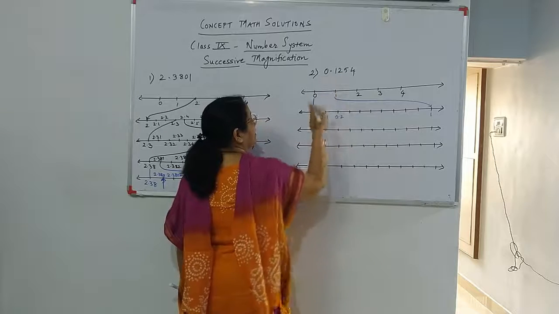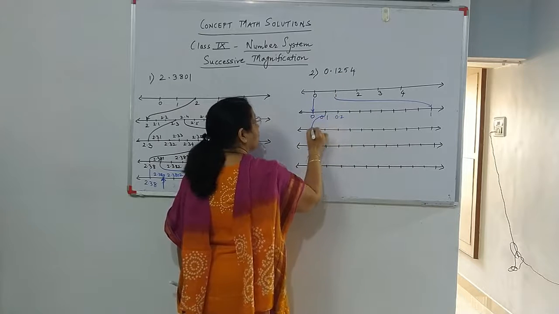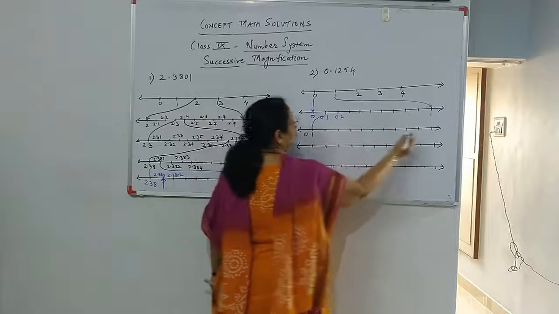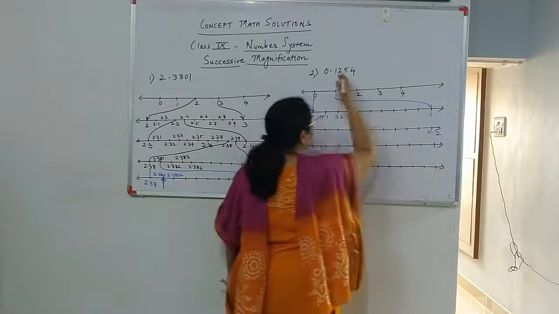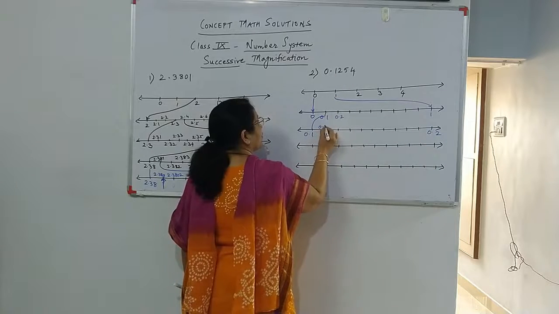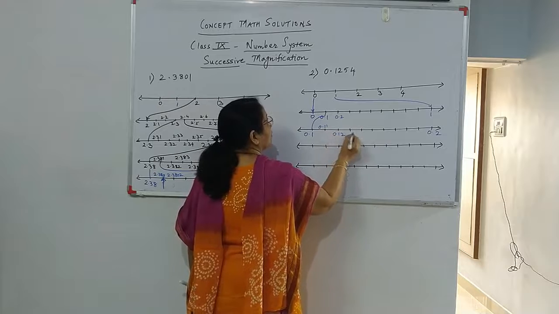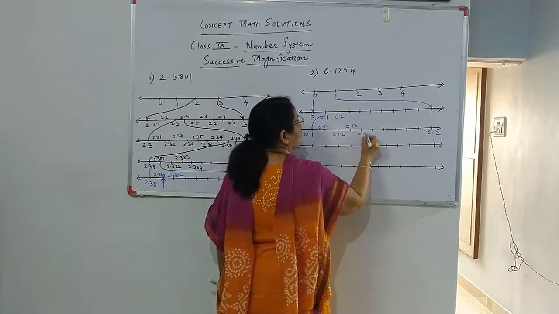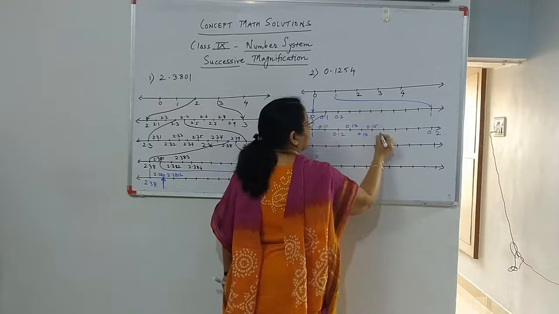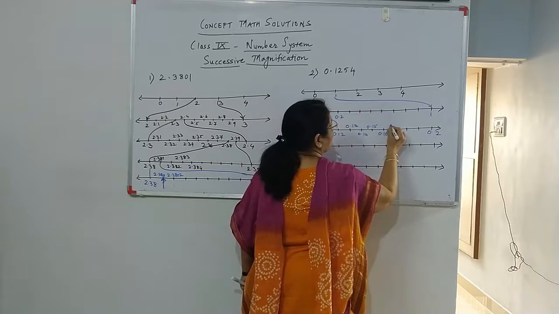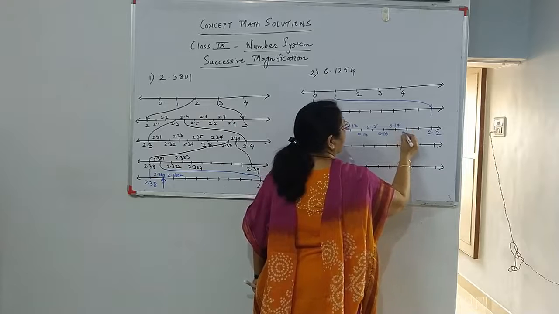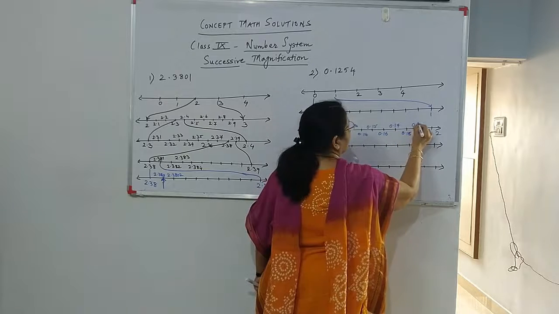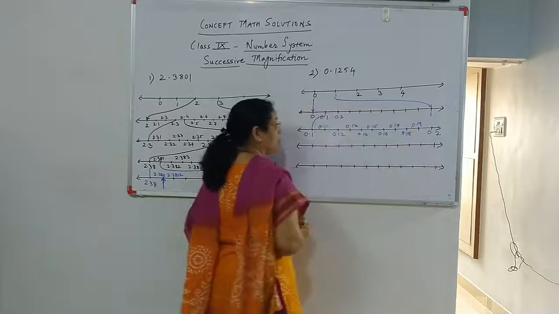Our number lies between 0.1 and 0.2. This is 0.11, 0.12, 0.13, 0.14, 0.15, 0.16, 0.17, 0.18, 0.19 and then you have 0.2.